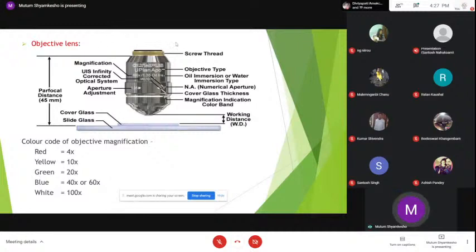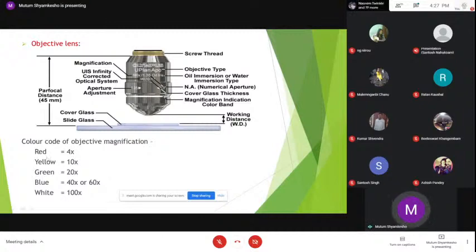Then here it is given the numerical aperture of this objective lens, and then here is a color band, the magnification indication. Different colors are given for different magnifying powers of the objective lenses. When the color in the color band is red, the magnifying power of the objective lens is 4x.